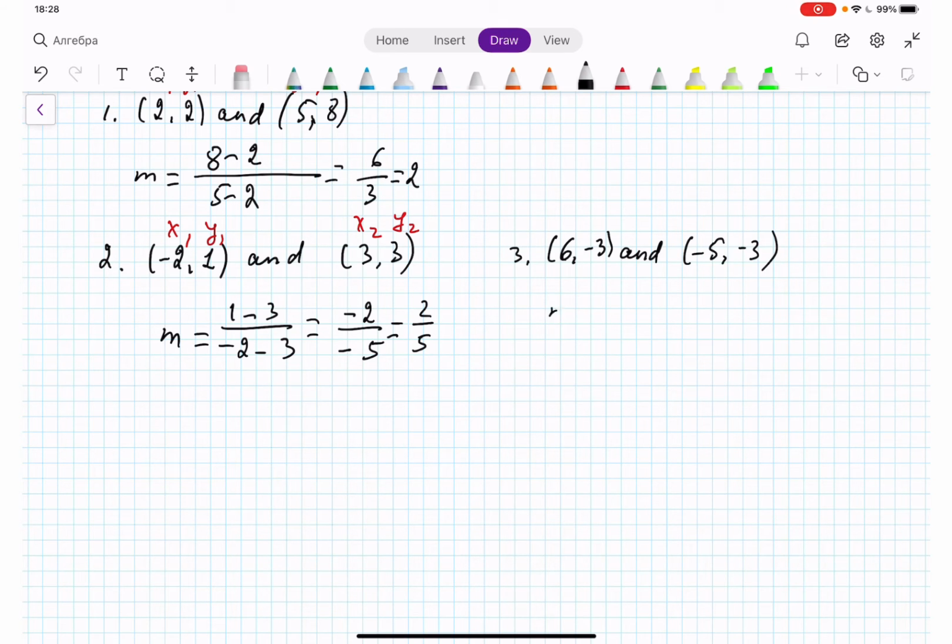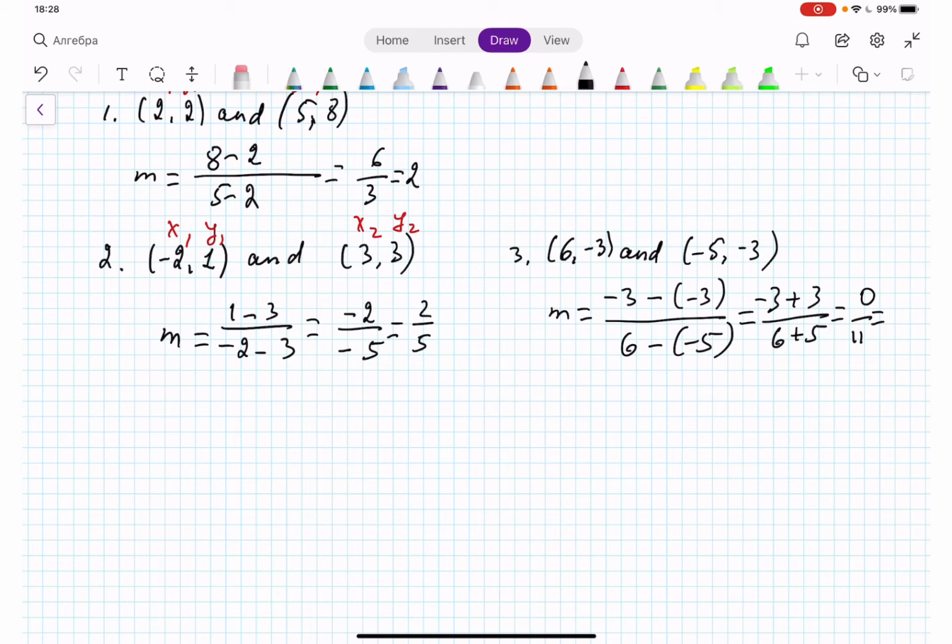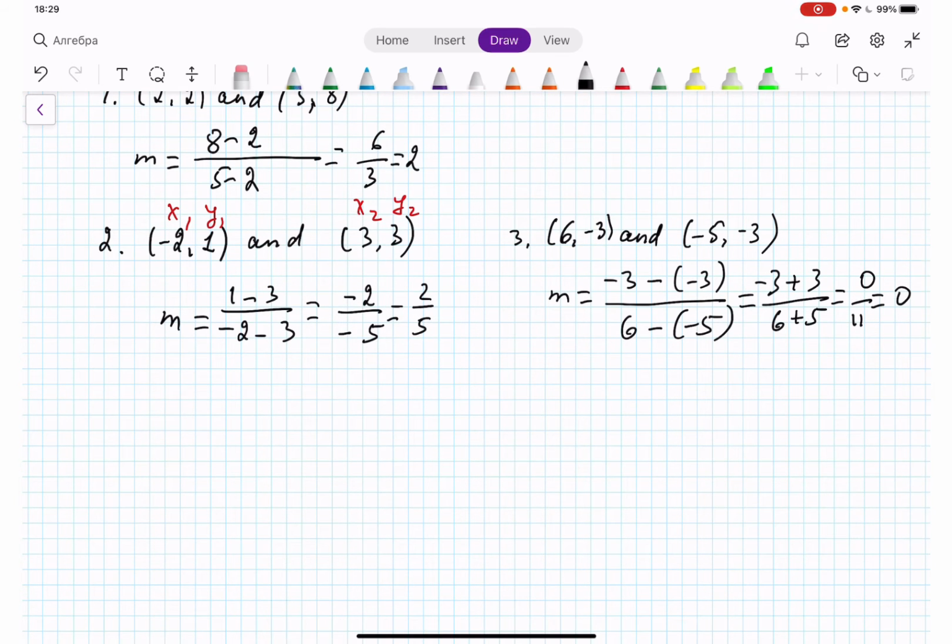Okay, m is equal, I'm using y1 minus y2, negative 3 minus negative 3, and 6 minus negative 5. We are getting 3 plus 3, and 6 plus 5. Negative 3 plus 3, so 0 over 11 is 0. M is equal 0.